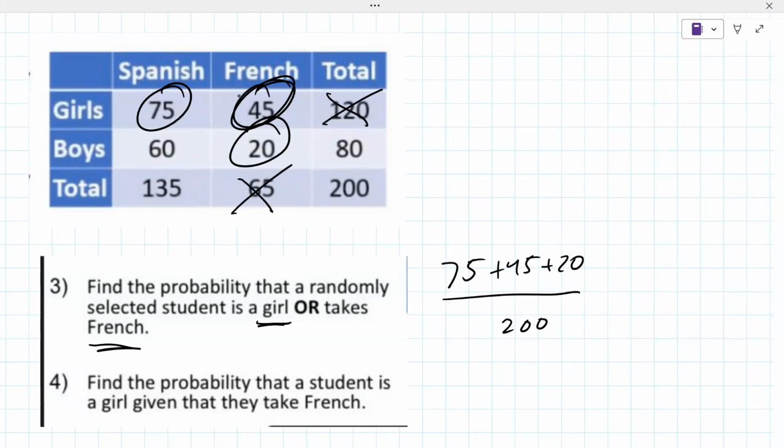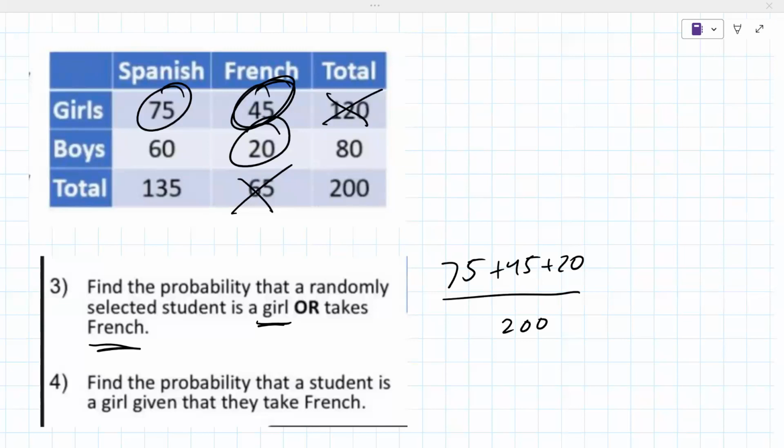So I say how many girls there are total in the two languages, then I say how many are taking French, and then I divide that by the entire amount of students. Right.